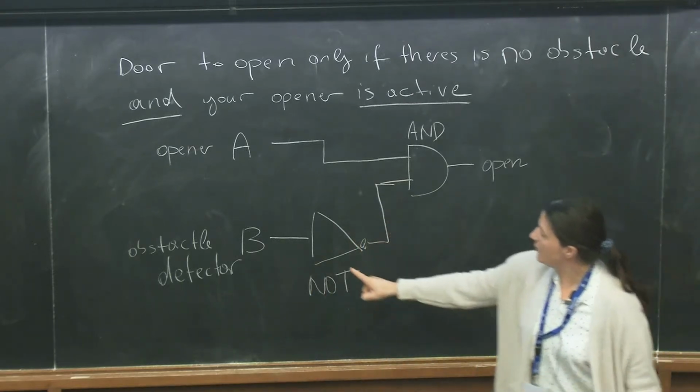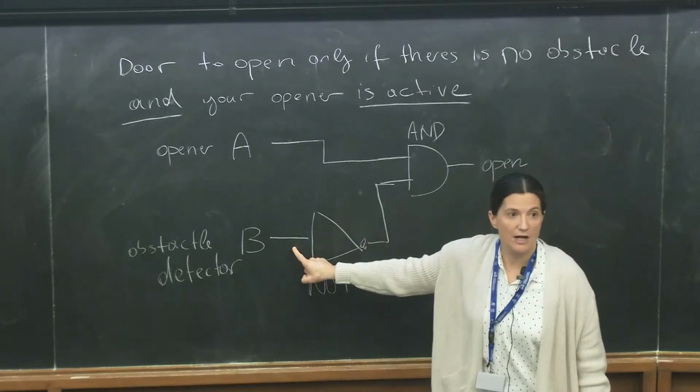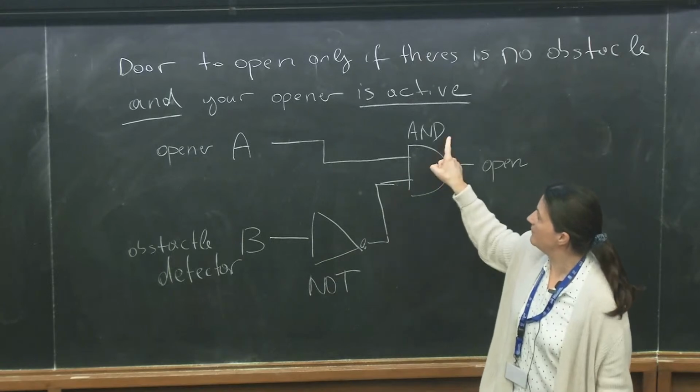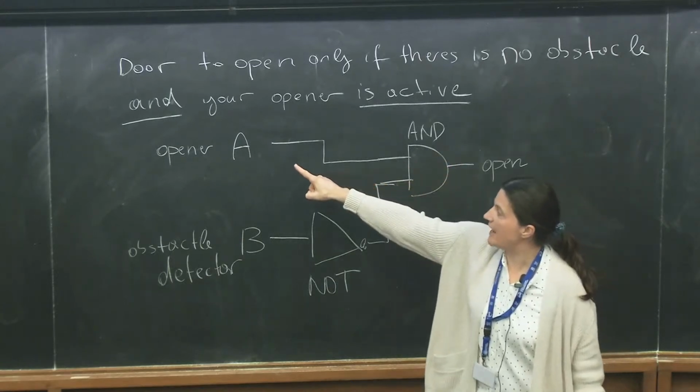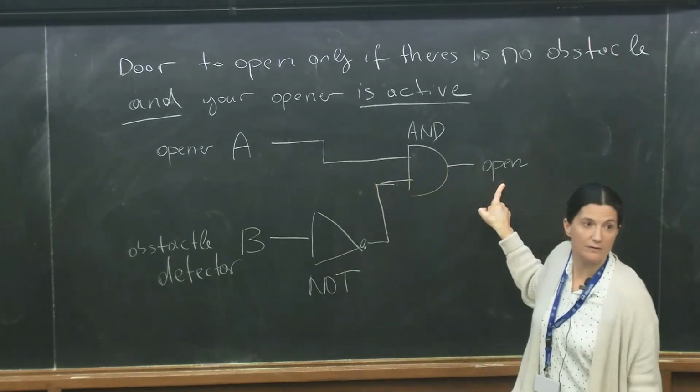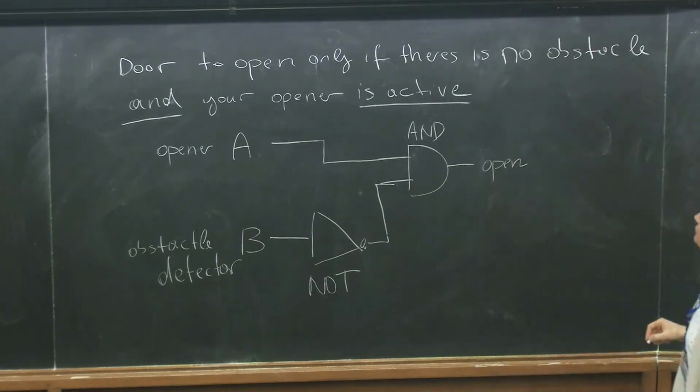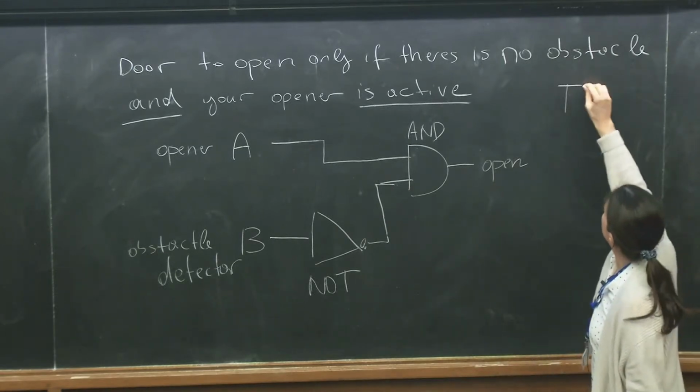So only when there's no obstacle, after A being active, you want it to open, right? So you can write down what's called a truth table.